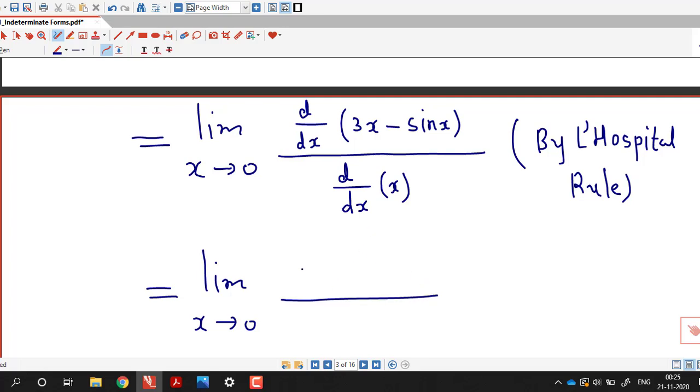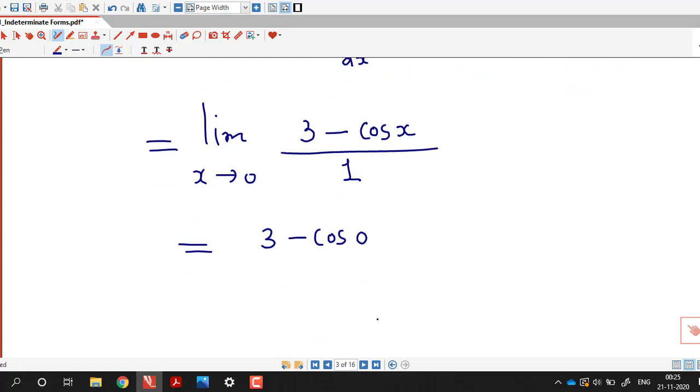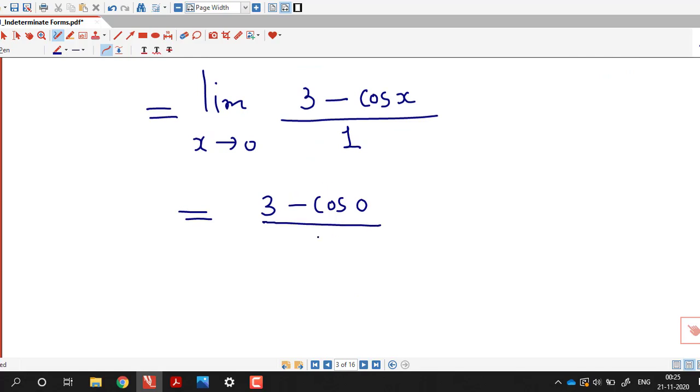So the derivative of 3x is 3, minus the derivative of sin x, which is cos x, and here the derivative of x is 1. Now we again substitute x equal to 0. So you can see it will be (3 minus cos 0) divided by 1. We can write one more step: cos 0 is 1, so the limit is 2.